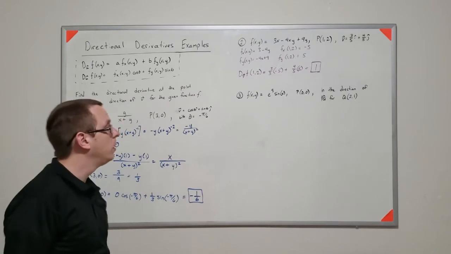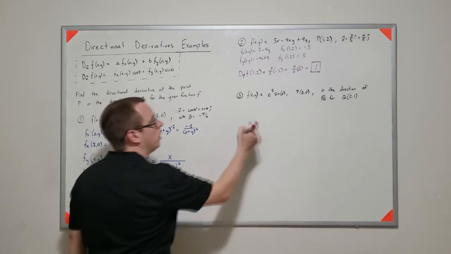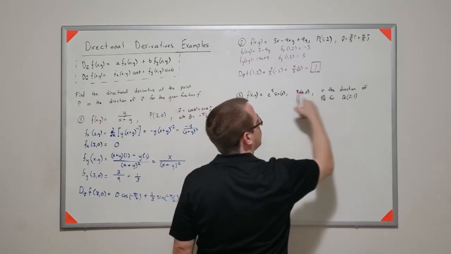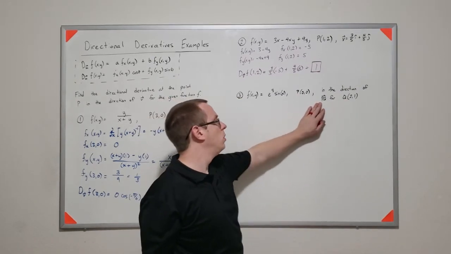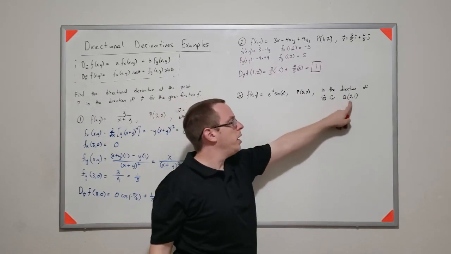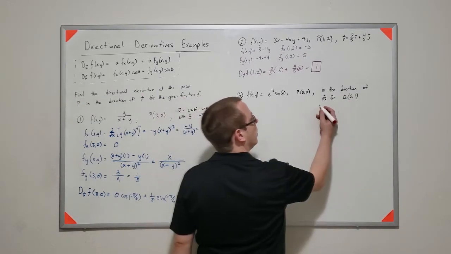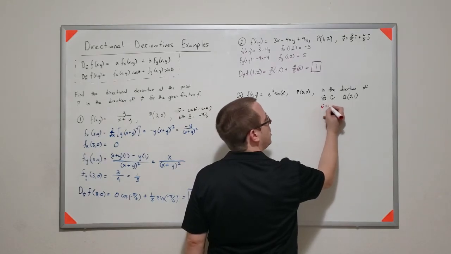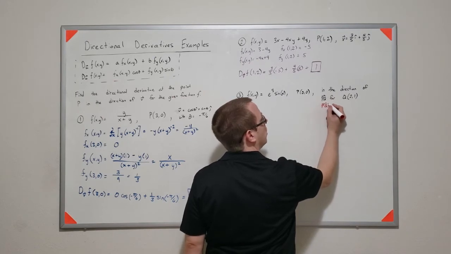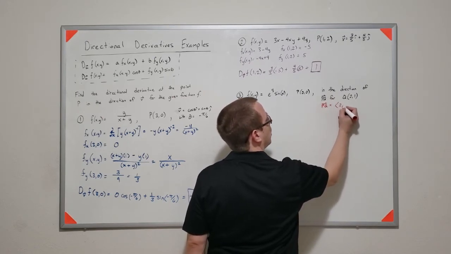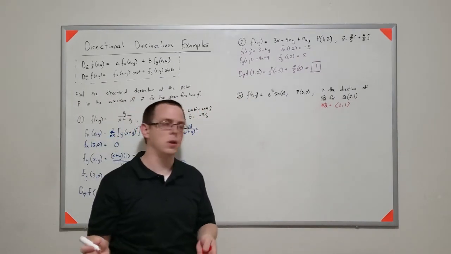And then finally, let's take a look here. Let's take some partial derivatives. Actually, before we do that, let's look at this thing. We want to go in the direction of PQ. So we're starting at the origin and we're ending at this point, (2, 1). If I constructed some sort of vector out of that, or rather just the vector PQ, it'd be (2, 1). Well, that's not a unit vector.